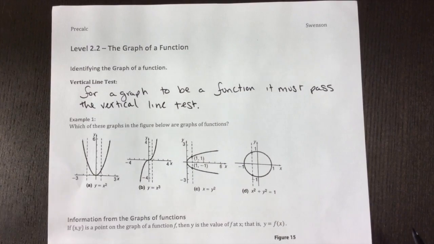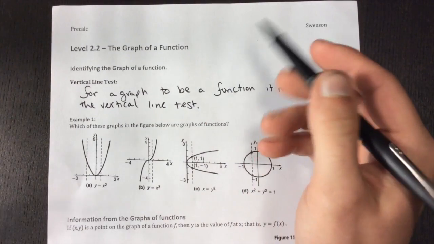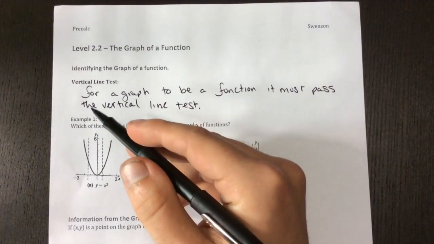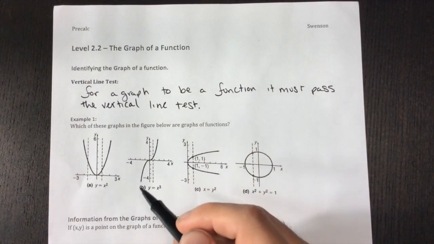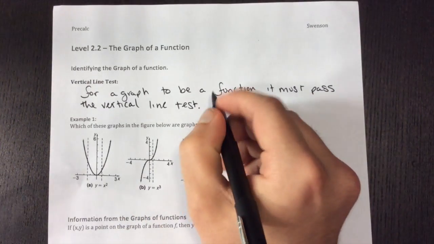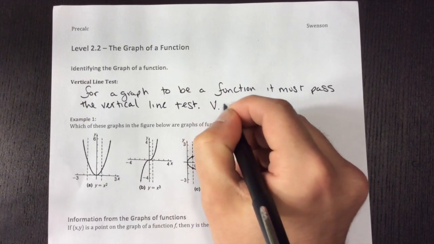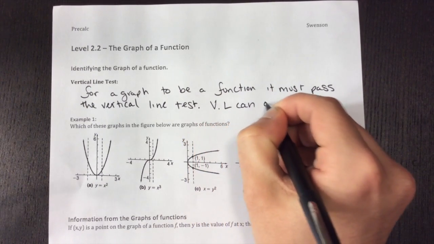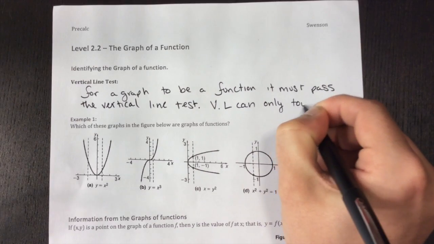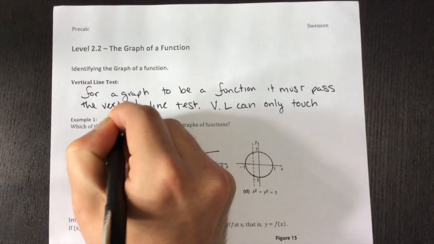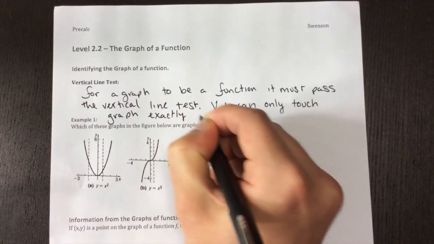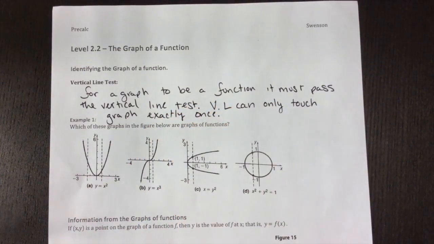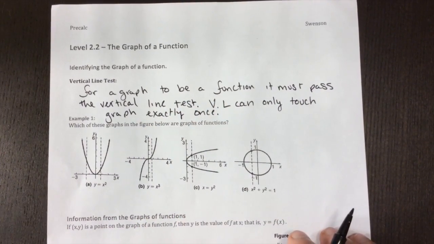And the vertical line test says that if the graph of a function hits a vertical line in more than one spot, then it's not a function. A vertical line can only touch the graph exactly once. So that's the vertical line test.